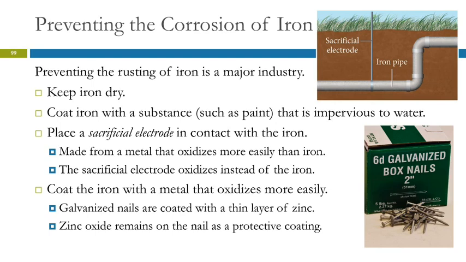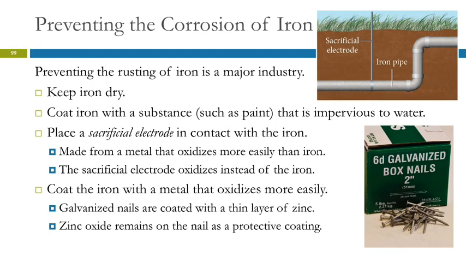Another way to do it is by using a sacrificial electrode. That's what's illustrated up here. You've got a sacrificial electrode made out of a metal that's oxidized more easily than iron. And so instead of the iron corroding, this sacrificial electrode corrodes instead.